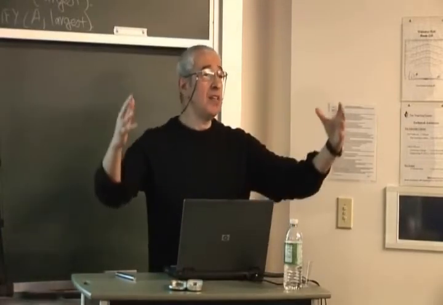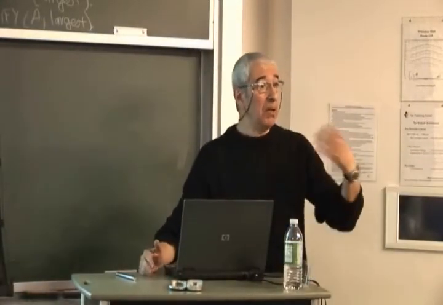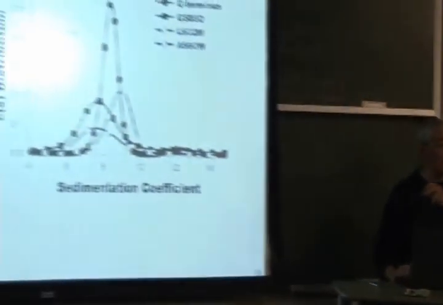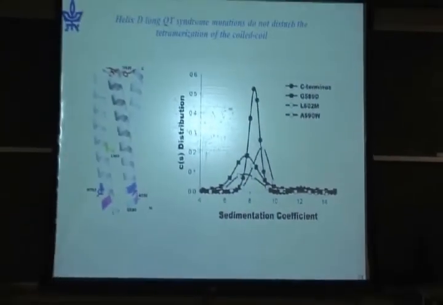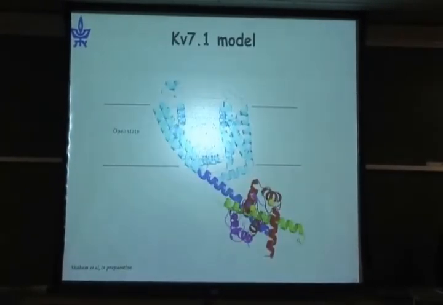So we have a one-to-one stoichiometry. Otherwise, if calmodulin actually bridged two neighboring subunits, very much like the SK channel, we would have expected a much higher weight when we do this kind of analysis, which is a very precise analysis of the molecular mass. Okay? So we believe that actually the structure and the contact are fine.